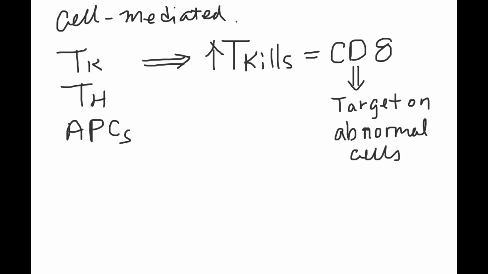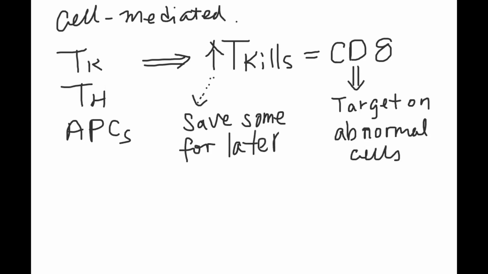So once you have a lot of T killers, you have them going to the battle and destroy all the abnormal cells. At the same time, you're going to save some of them. A small amount of the T killers with this specific type of receptors will be saved for later, for the future.